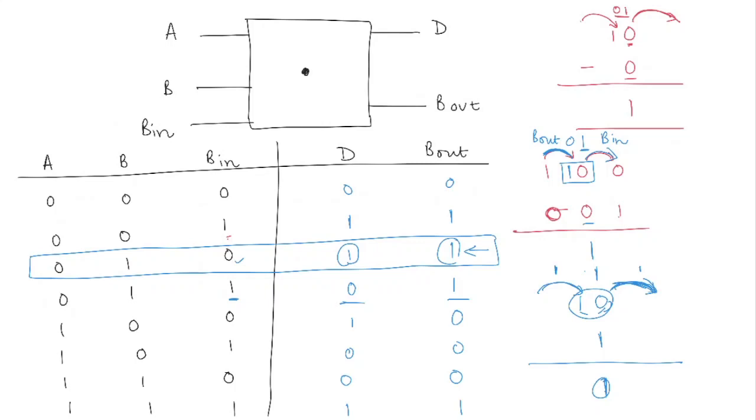Okay, so now let's say you have a full subtractor, and you want to subtract a 4-bit number A3, A2, A1, A0 and B3, B2, B1, B0. So how would you do this subtraction? First of all, you want to subtract A0 and B0, right?